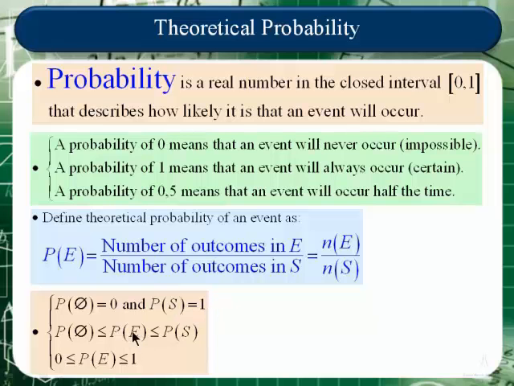The probability of an event will be smaller than or equal to the probability of the sample space, but greater than or equal to the probability of the empty set event. So therefore, in terms of numbers, the probability of an event is always smaller than or equal to 1, but greater than or equal to 0.